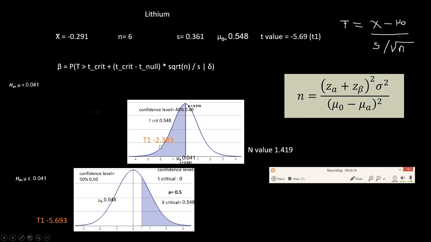No, it's the distance between your true mean and the mu naught in t value units. Okay, I get that part.